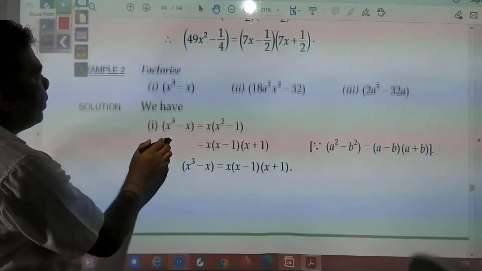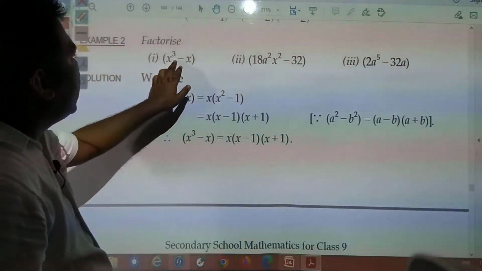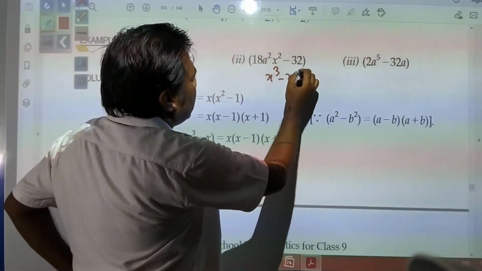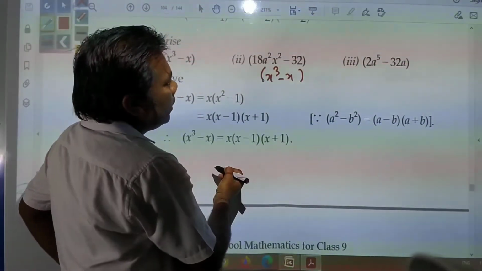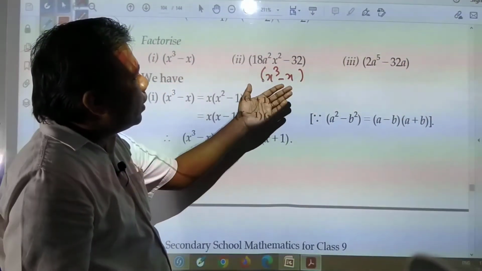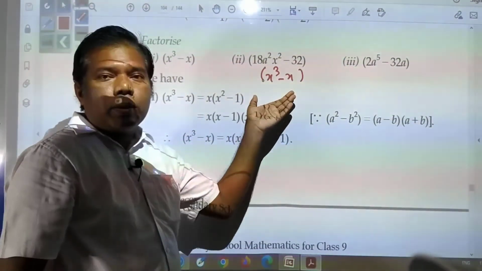Next you see, here you have x cube minus x. To apply the formula, this needs to be expressed in the form of a square minus b square.